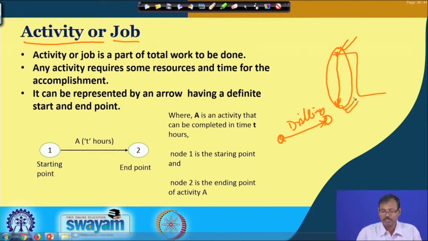You can consider this may be starting time x, this may be starting time x plus t. Suppose you are considering a person, as we gave the example in the last class, a person is moving from Ghaziabad to Delhi.